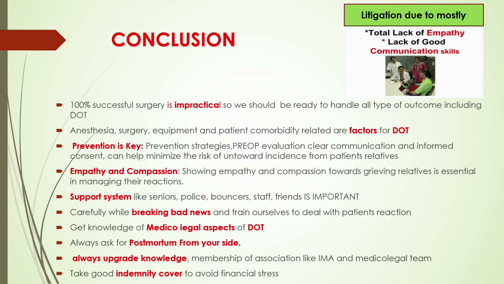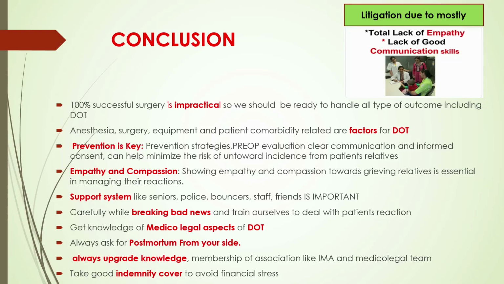So in conclusion, 100% successful surgery is impractical. So we should be ready to handle all types of outcome, including death on table. Anesthesia, surgery, equipment and patient morbidity related are the factors of death on table.